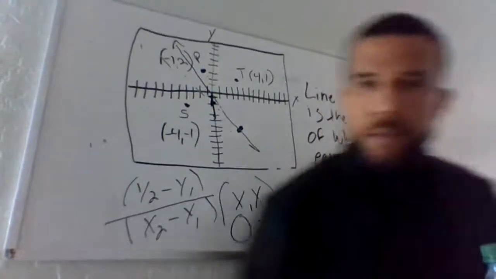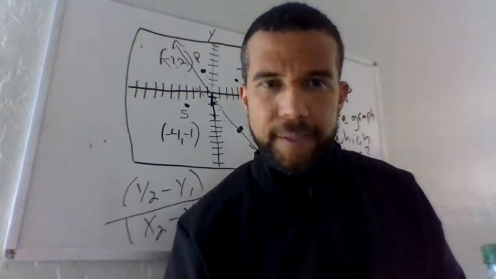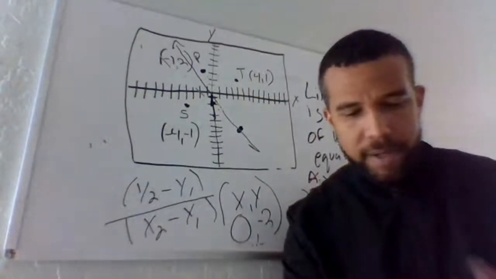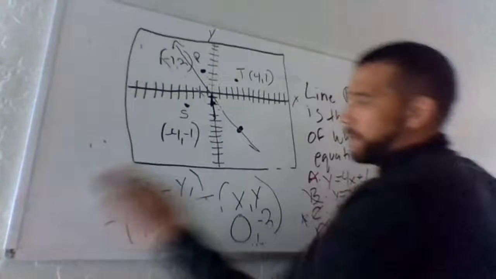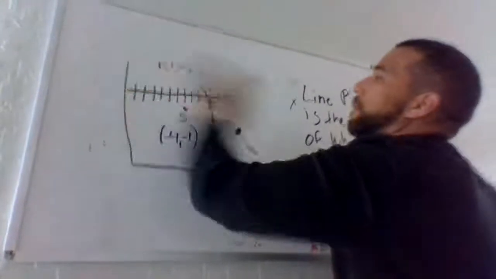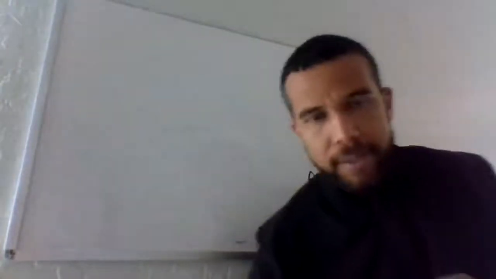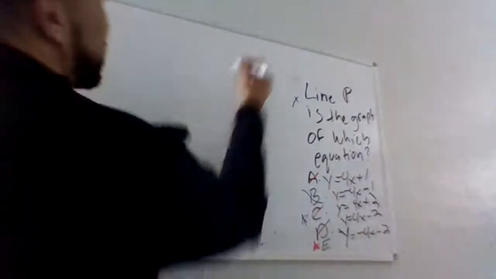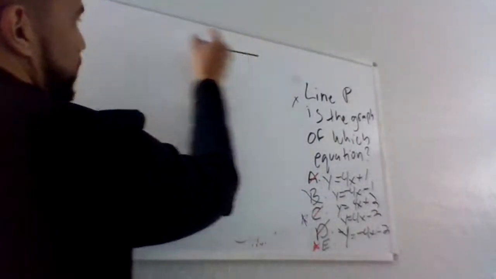Okay. I'm going to make a more accurate graph to show you. I'm going to try my best to replicate a graph here. It's important that your graph is accurate because when you're plotting the line, if your graph isn't accurate, you're not going to see what it intercepts.